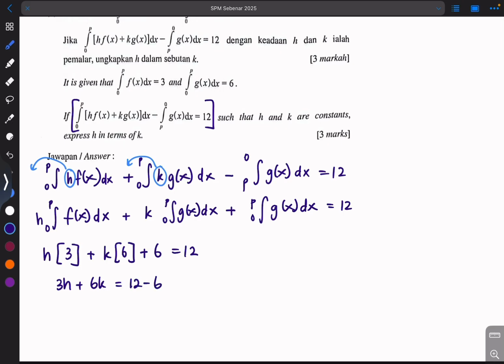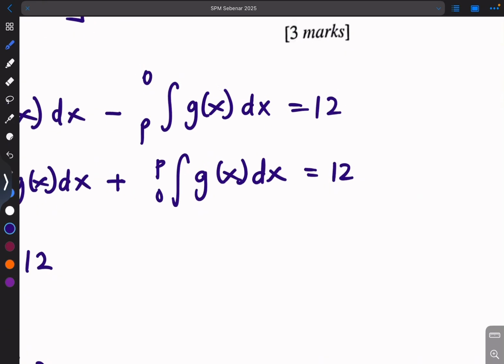We want to make h in terms of k, so we want to make h the subject. So 3h is 6 minus 6k. Therefore, the whole thing divided by 3 will give 2 minus 2k.